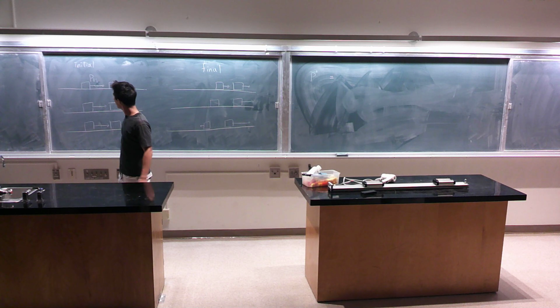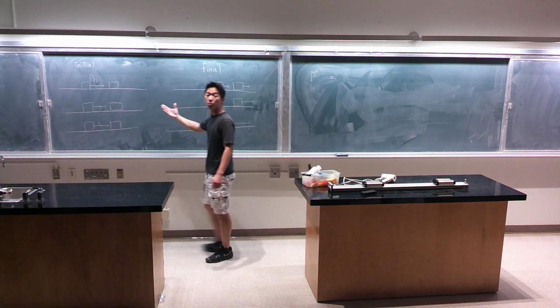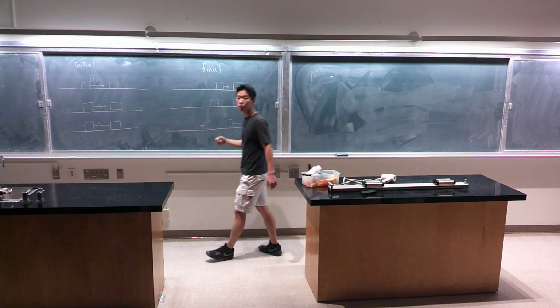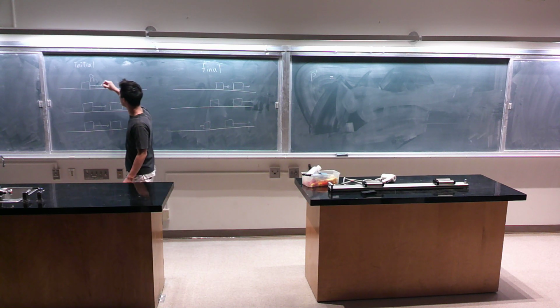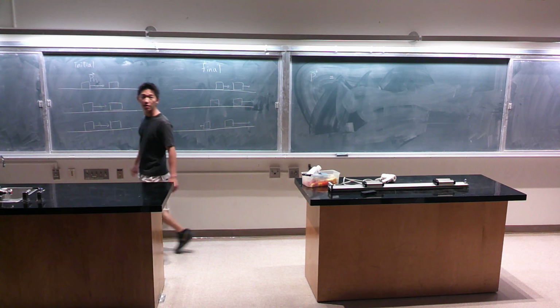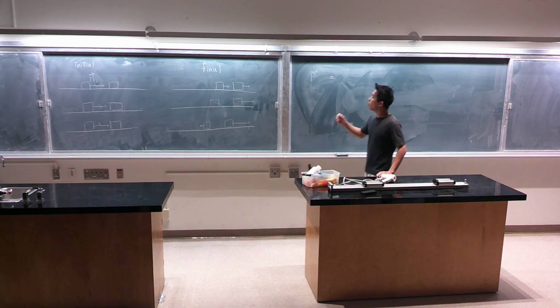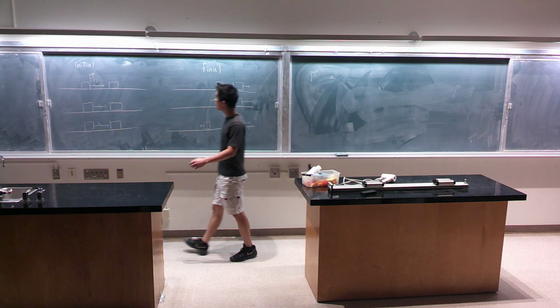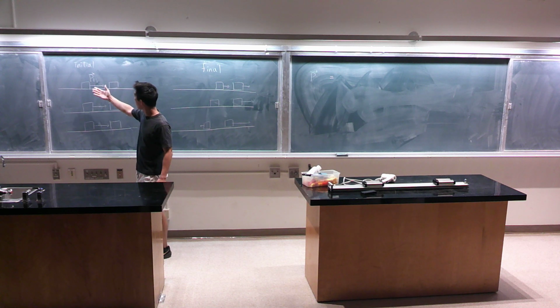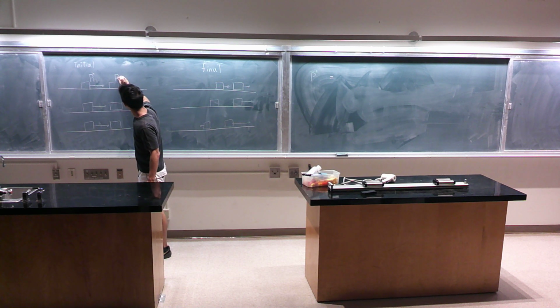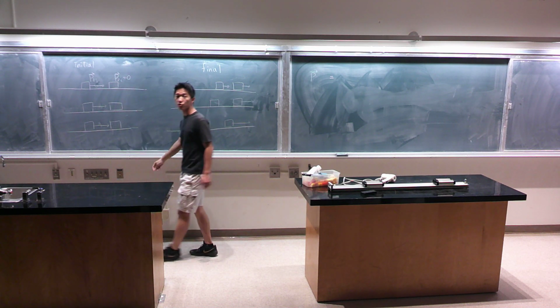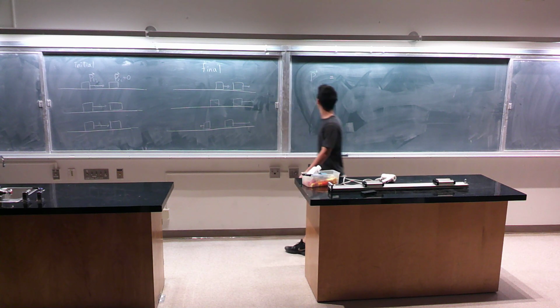We say we are conserving motion, and motion has direction, so we know momentum is a vector. In this case, P1i, the initial momentum of the first block, plus the initial momentum of the second block, which is 0 in this case, but it doesn't need to be 0 in general.